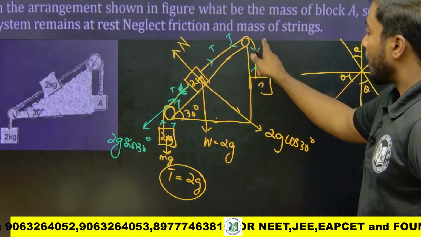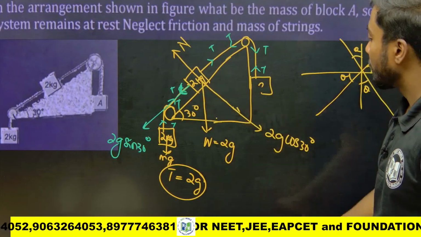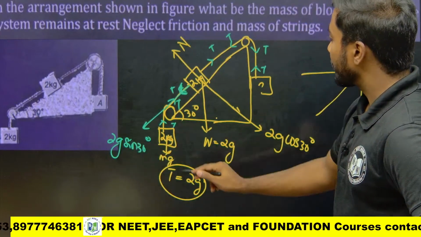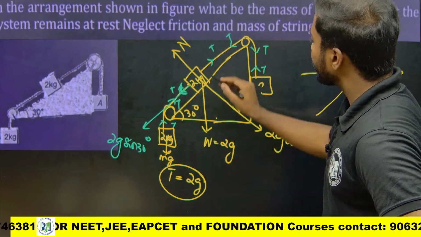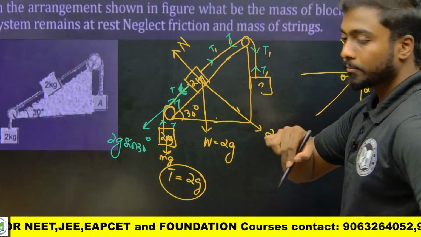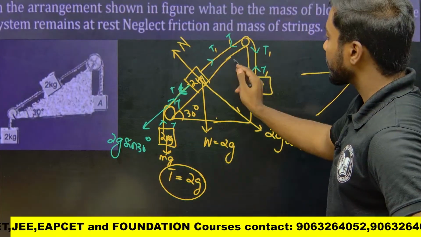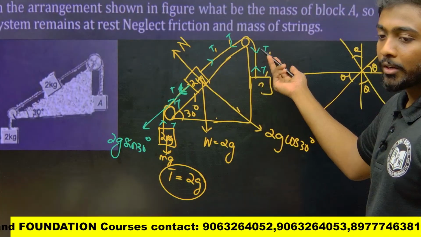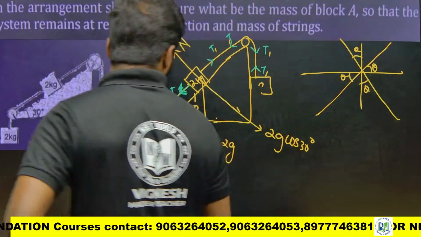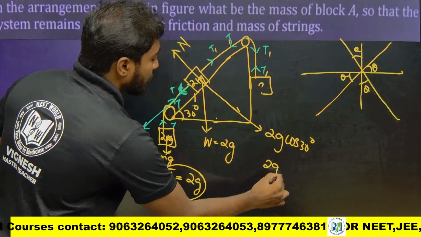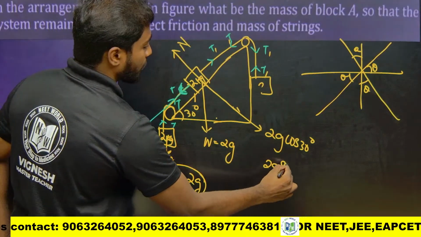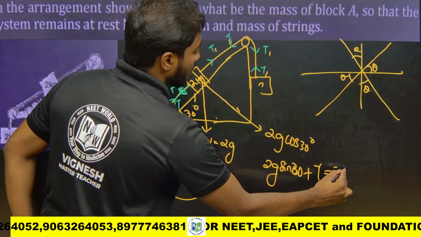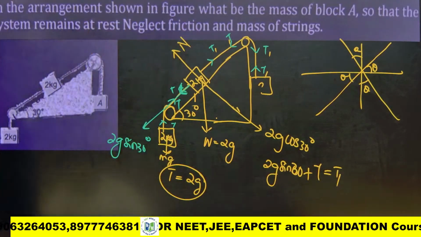Solve it. Almost we completed, only the equation is left out. So T equals mg we have taken, and this one is 2g sin theta. Here the string is changing, no, this is T1, T1, T1, T1. Am I correct? The string is changing. It's not like here I can take T, this one either T1 or T2, whatever it is. Okay. 2g sin 30 plus T equals T1.